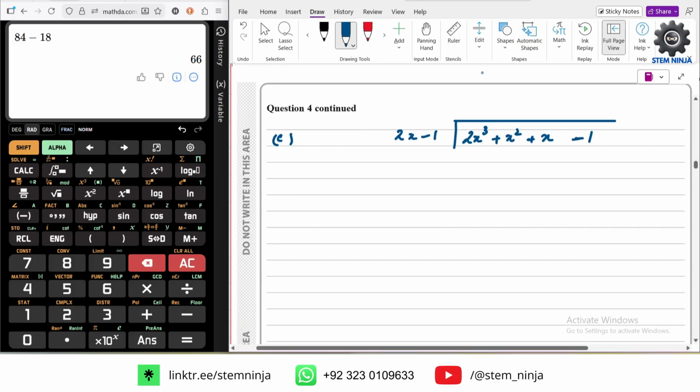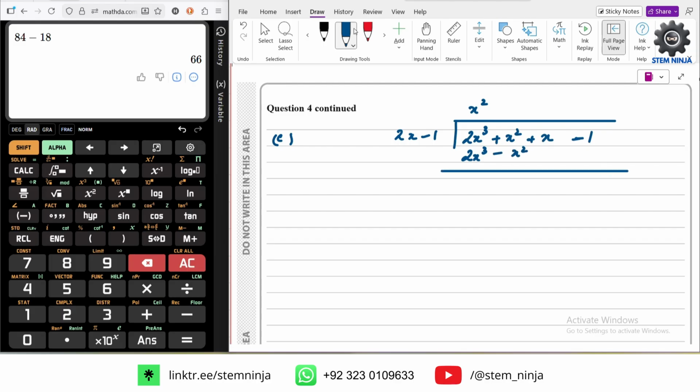Right, so first factor would be just x squared. This one would become 2x cubed minus x squared. When you subtract, this one would cancel out. This one would become 2x squared plus x. So you multiply with another x.